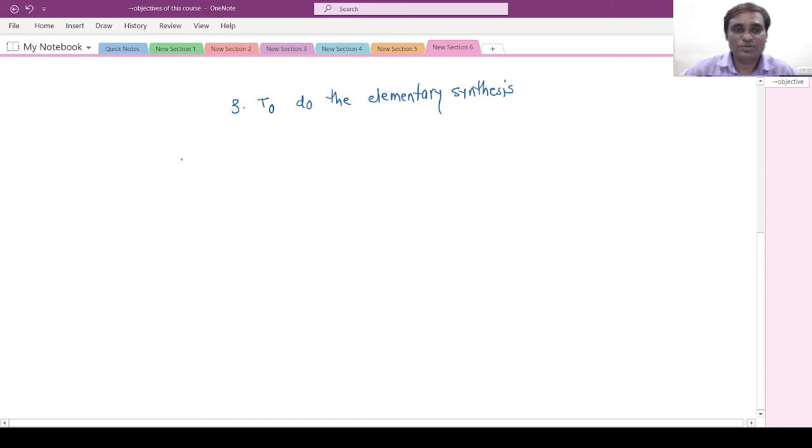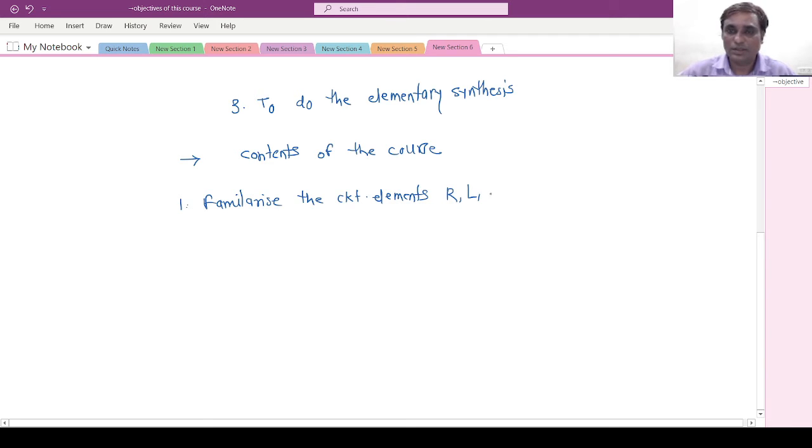Okay, so in order to achieve these objectives, next we will have a look at the contents of the course. We will start our course with the introduction, or the familiarization, of the circuit elements, where CKT is the short form for circuit, and which will be resistor, inductor, capacitors.